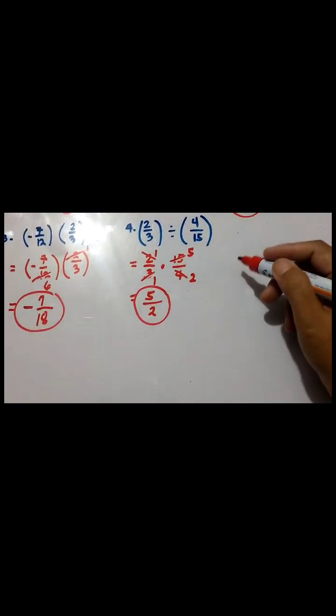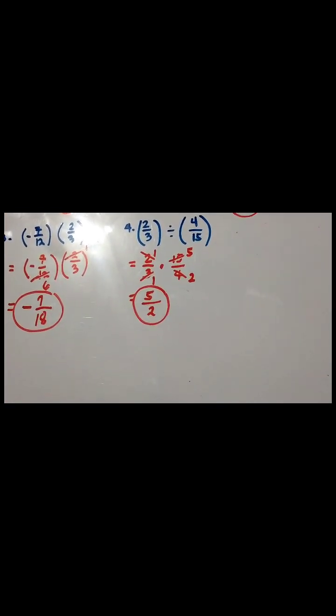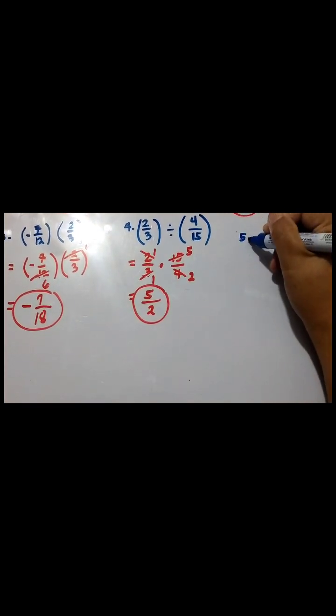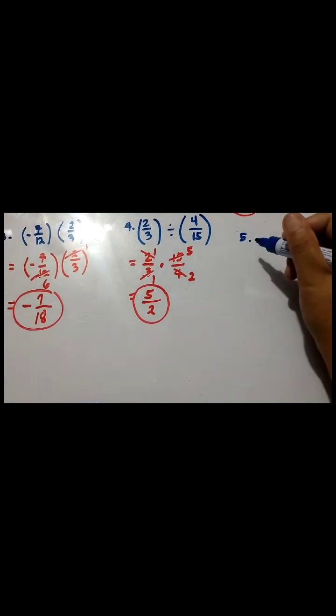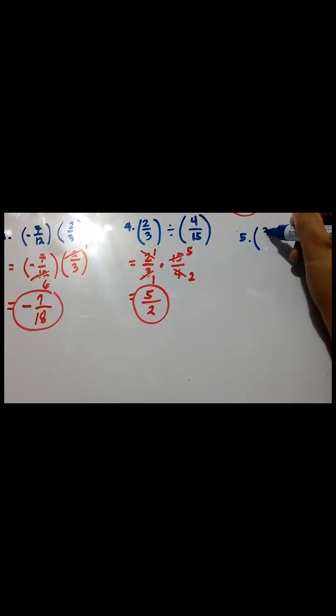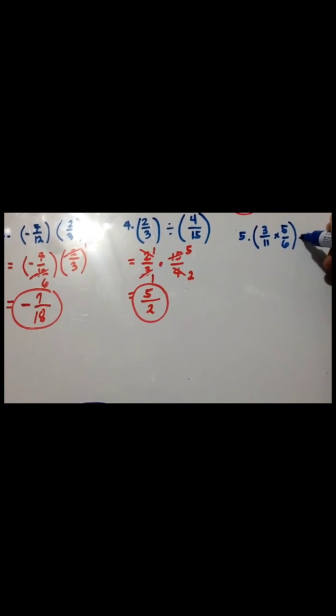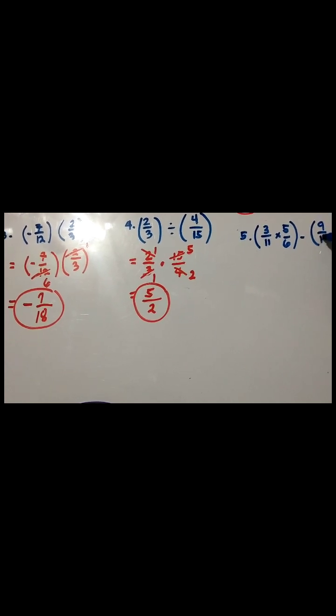Let's have 3/11 times 5/6 minus 9/12 divided by 3/4.